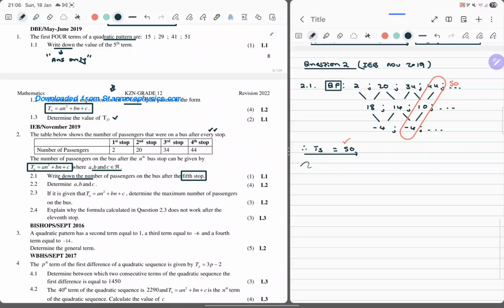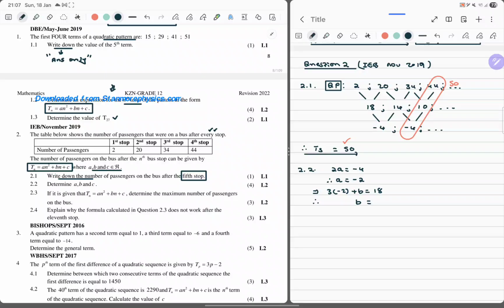Okay, 2.2. 2.2 says, determine the values of a, b, and c. So this is easy. We start at the very bottom. 2a is minus 4. Therefore, a is minus 2. So this implies that 3a plus b should be 18.